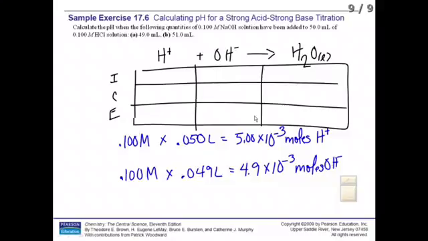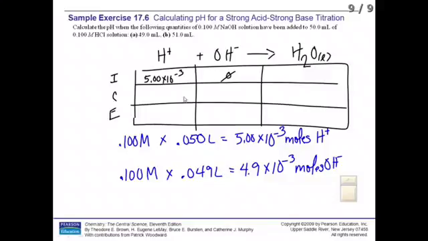Alright, your initial on your H+ is 5.00 times 10 to the negative 3, and we're going to assume nothing on the base yet, and that's basically what we're adding as the base.